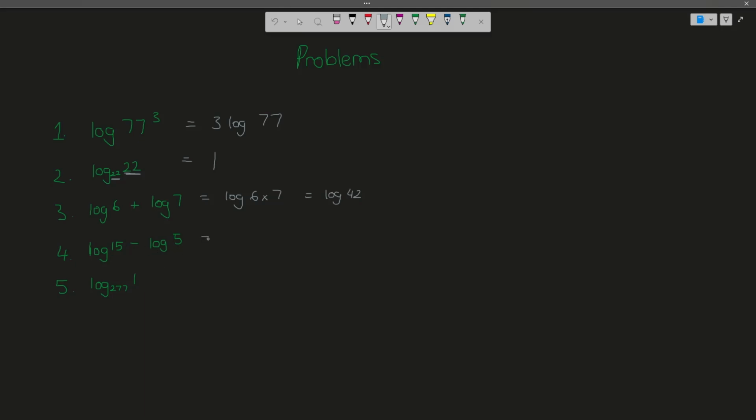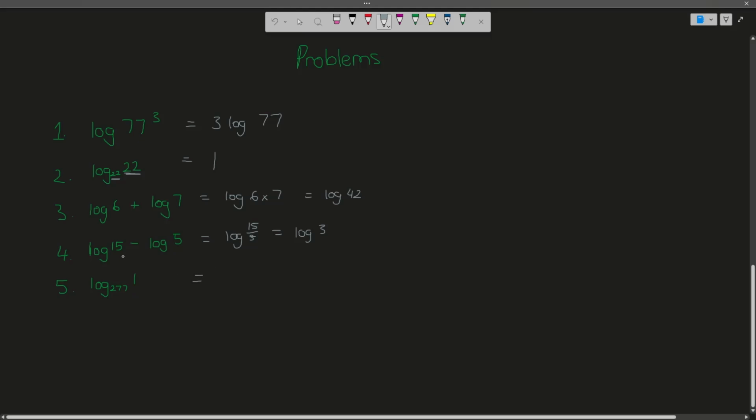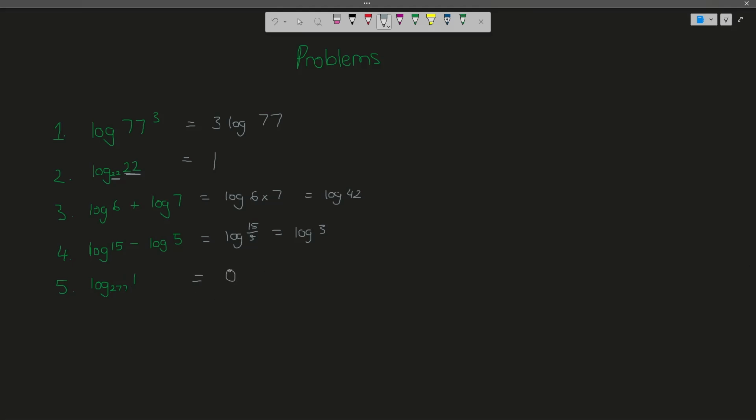So, we go log 15 divided by 5, which is equal to log 3. Our final question here is log base 277 of 1, which we know that anything log 1 will always equal 0.